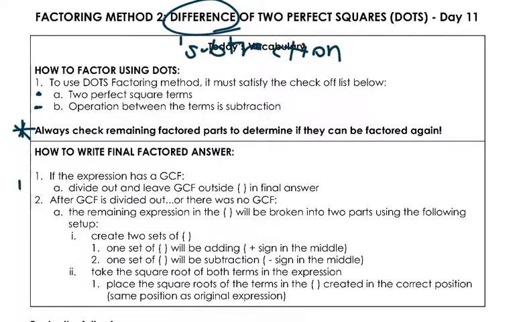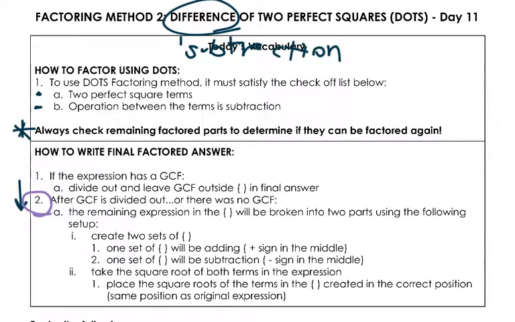If you look down here, first and foremost, always see if the expression has a GCF. Then you want to divide that out first and leave the GCF outside the parentheses of the final answer. So number 2, if there is a GCF or if there was not, you take that out first.